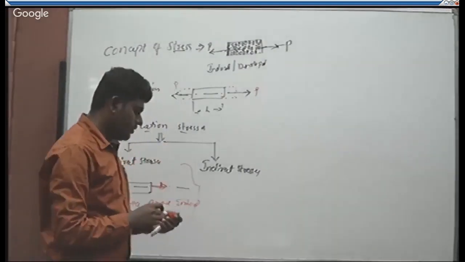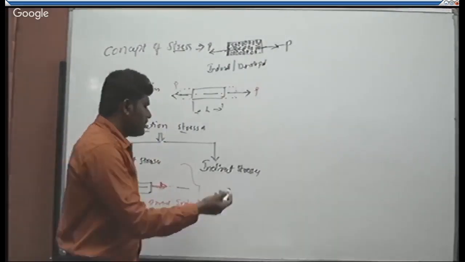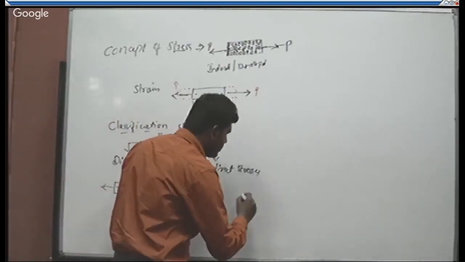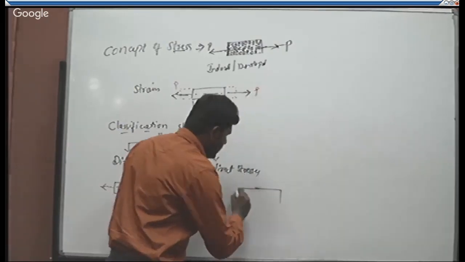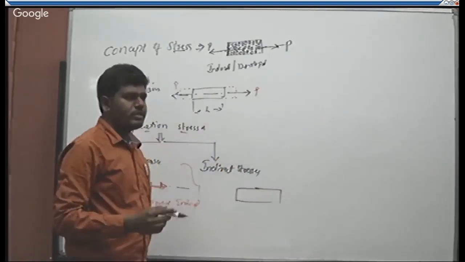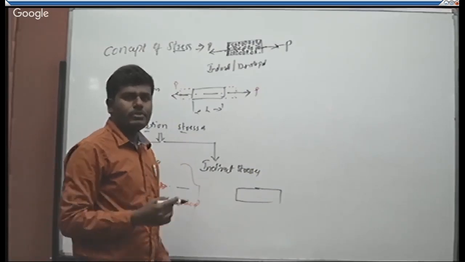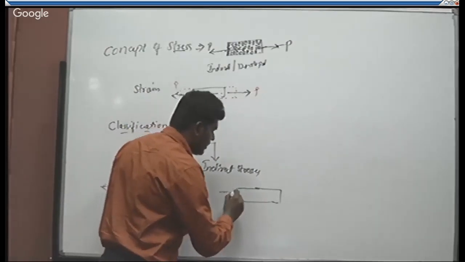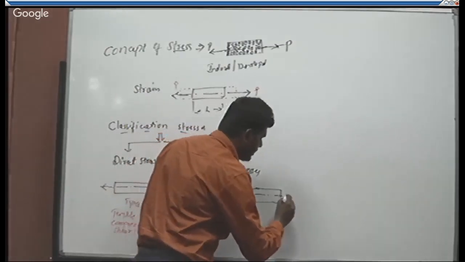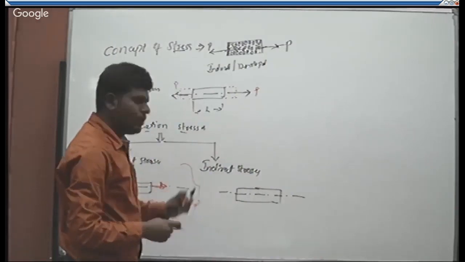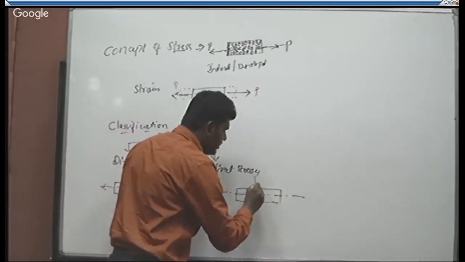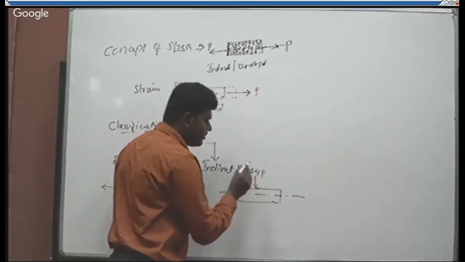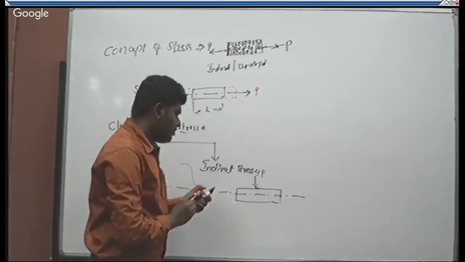Then we look at the types of indirect stresses induced in a material. These are the stresses induced when the action of the forces is not in line with, or not parallel to, the axis of the member. For example, take a bar and imagine this is its axis. Take an external load of magnitude P. This is the line of action, a vertical line, with the direction downwards, acting on the member.